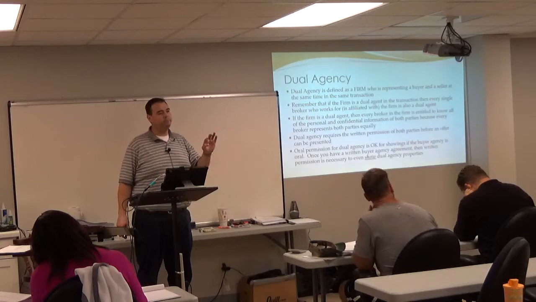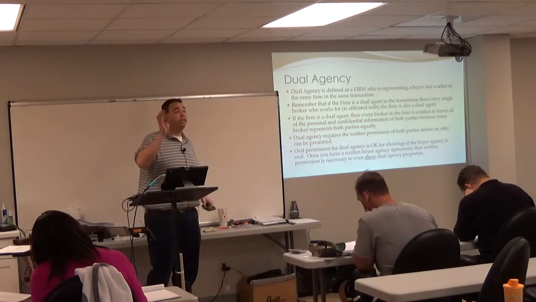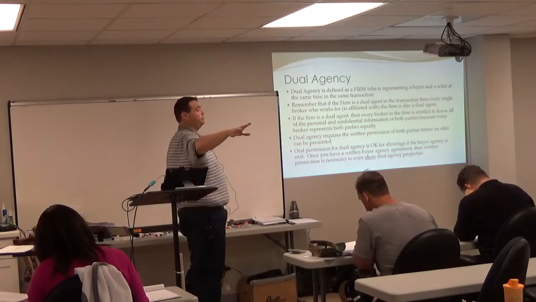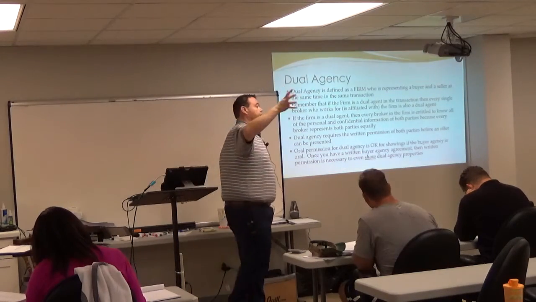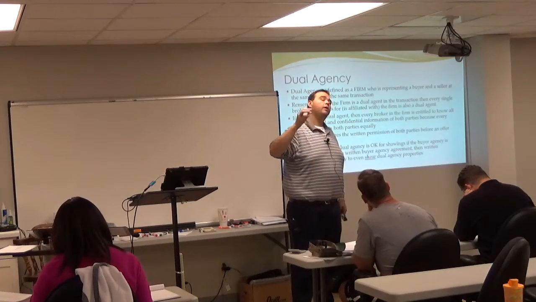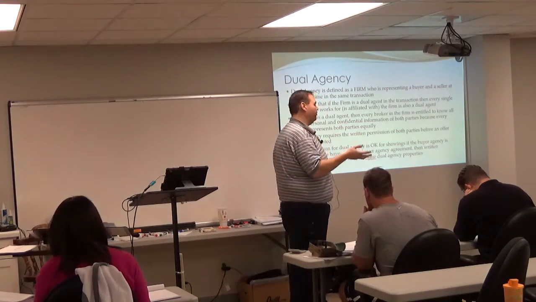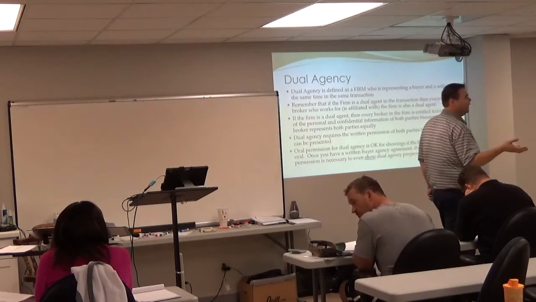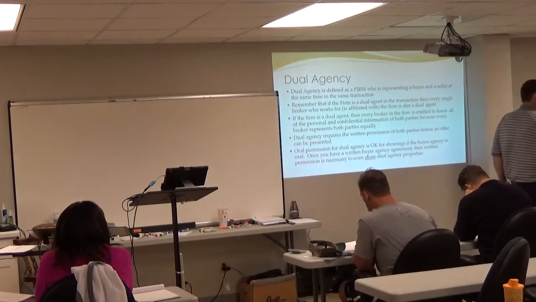Here's the reason. Let's say that Jay is a broker affiliate with Keller Williams. And he has a listing of 123 Main Street. Okay? Tommy is also a broker affiliate of Keller Williams, and he is representing a buyer who's interested in 123 Main Street.